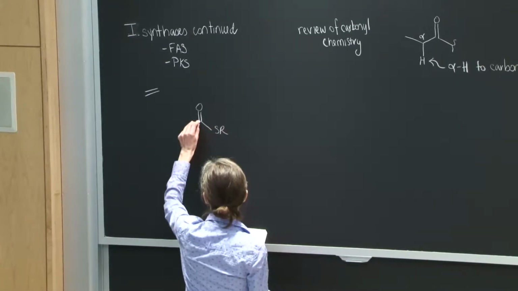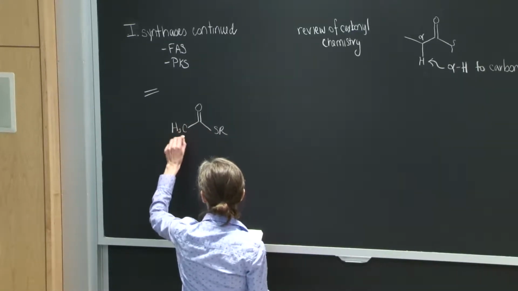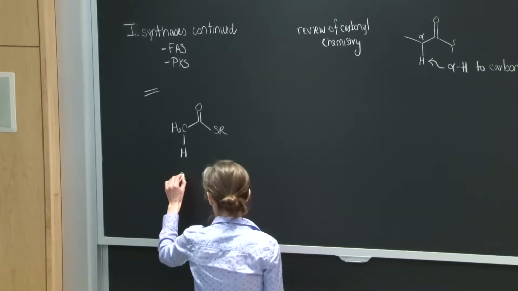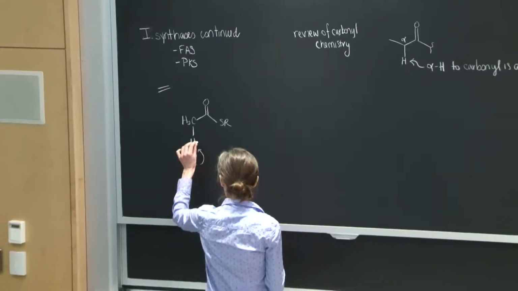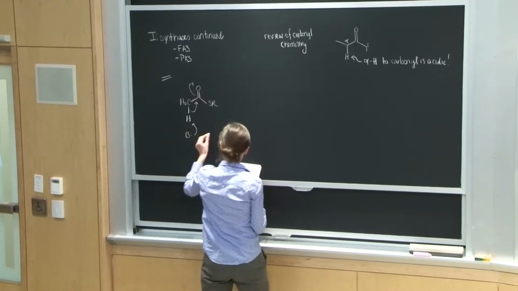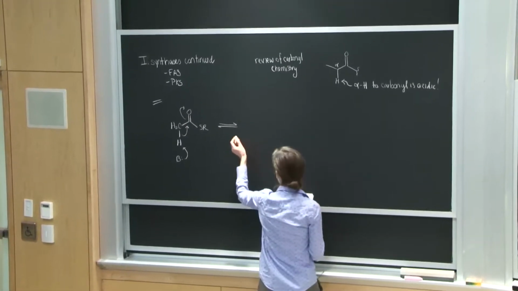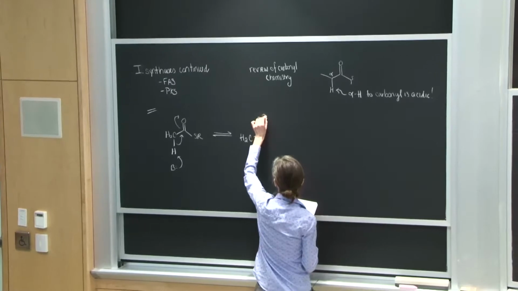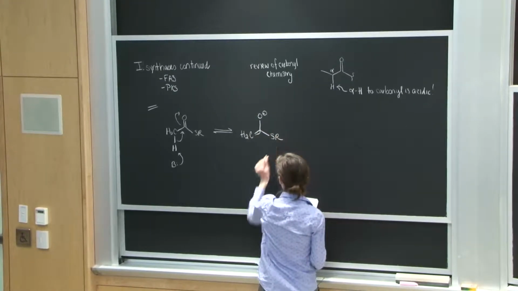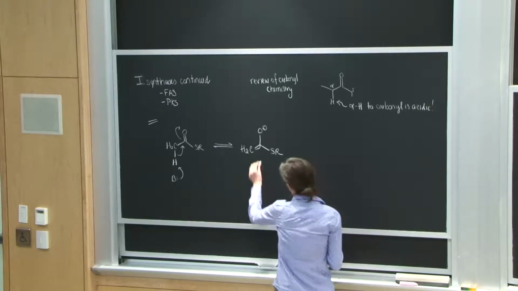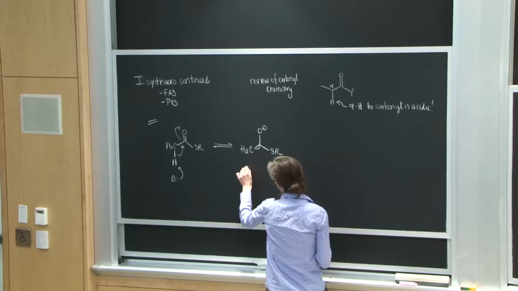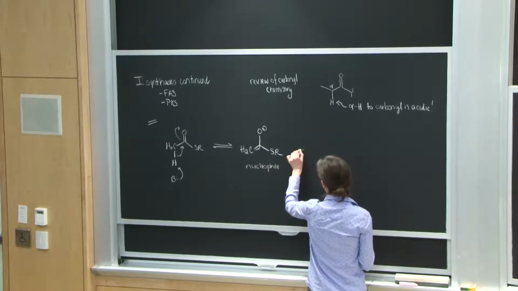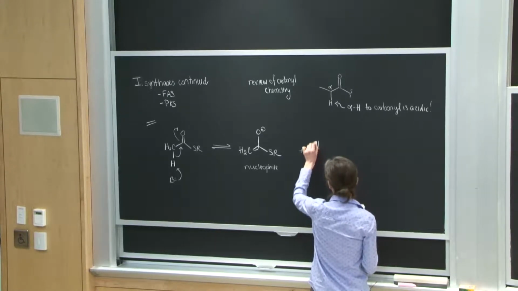we have a thioester. Okay, we have a base. Okay, that's going to deprotonate. Which is going to get us to here. So this is our nucleophile and what you'll see coming forward. It's an enolate. So imagine we have that and we add it with another thioester.